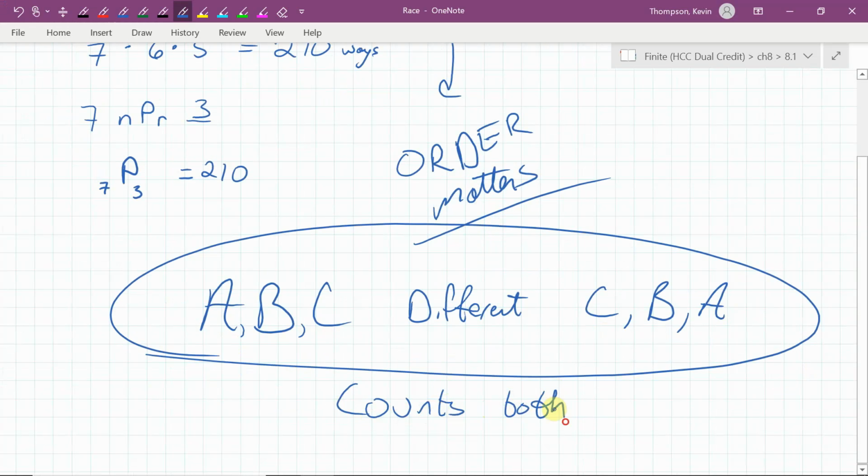For us, it matters if you were first place or third place. That's a different arrangement of the 7 of you in a sprint in the hallway, right? So the permutation counts it as different.